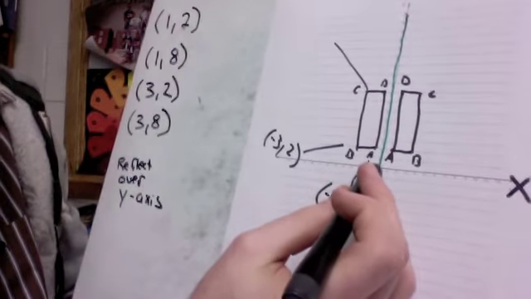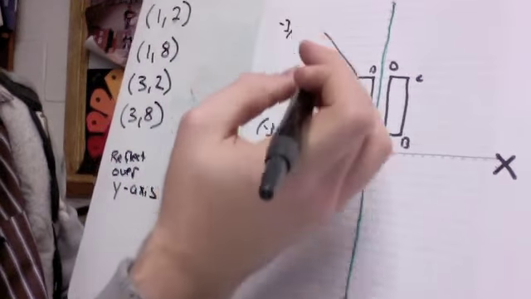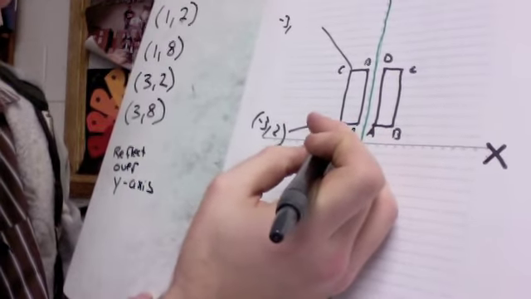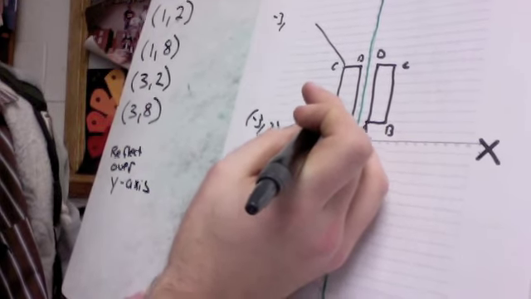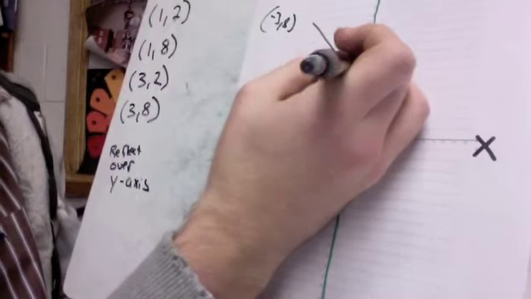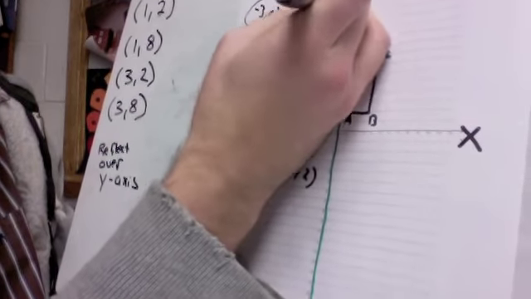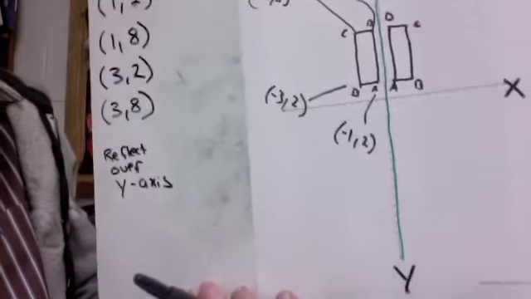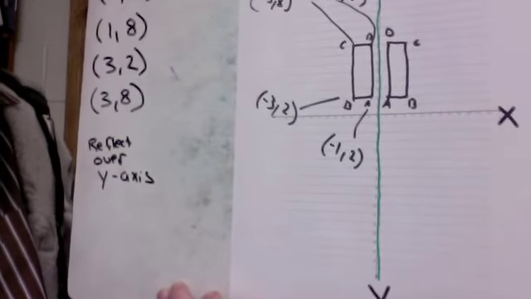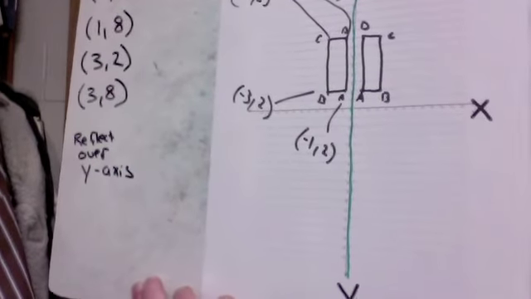C is going to be (-3, 8). And then D is going to be (-1, 8). So here would be our reflection of this rectangle over the y-axis, the vertical axis.